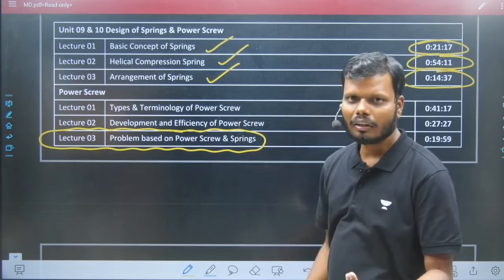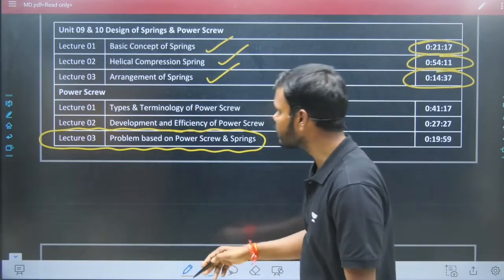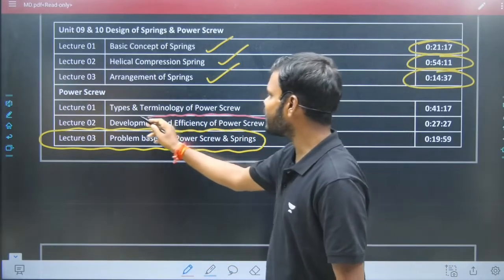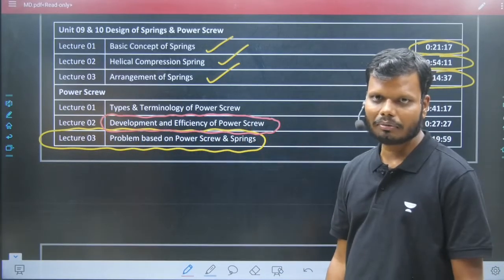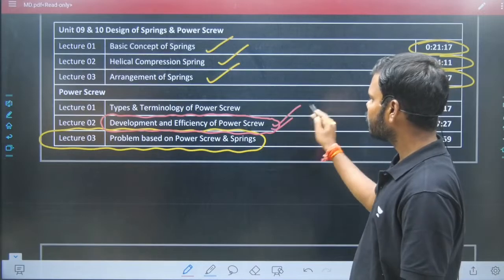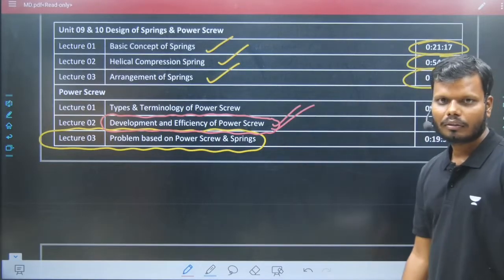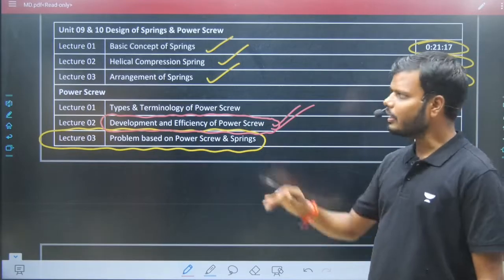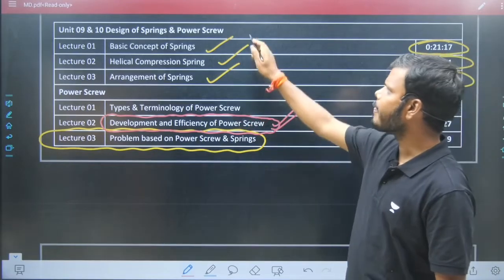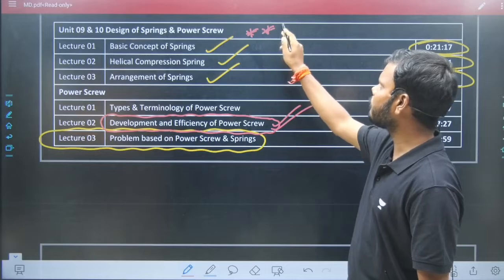In the last GATE examination, development and efficiency of power screw was asked. One theoretical question was asked in the GATE examination on development and efficiency of power screw. So these topics, design of spring and power screw, are very important.